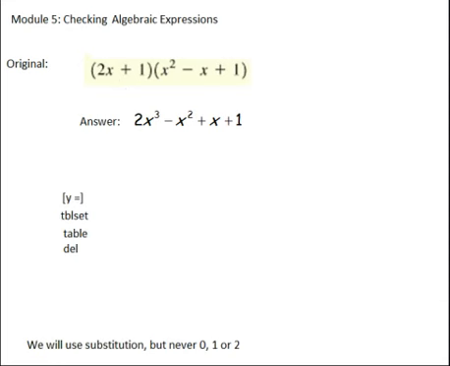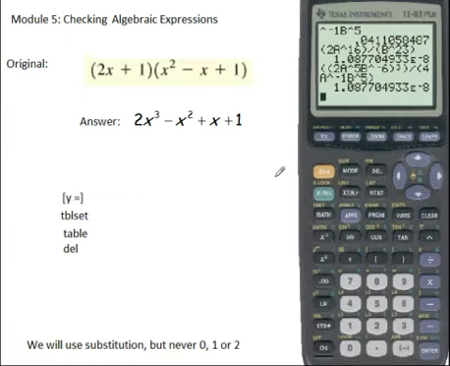And so we're going to use a different technique that's used for checking expressions and equations with a single variable. And when we do this, we'll use the y equal key, table set, the table, and the delete. And again, we'll use substitution and never 0, 1, or 2.